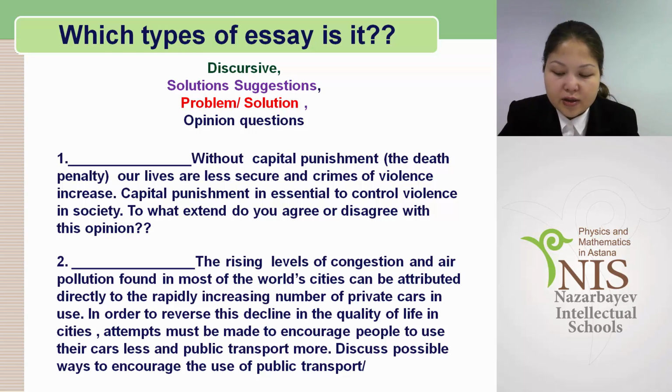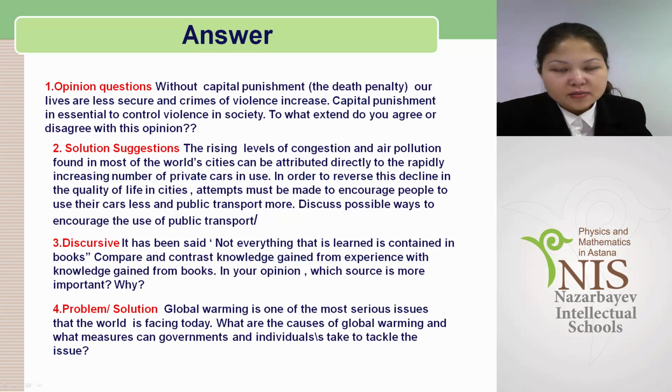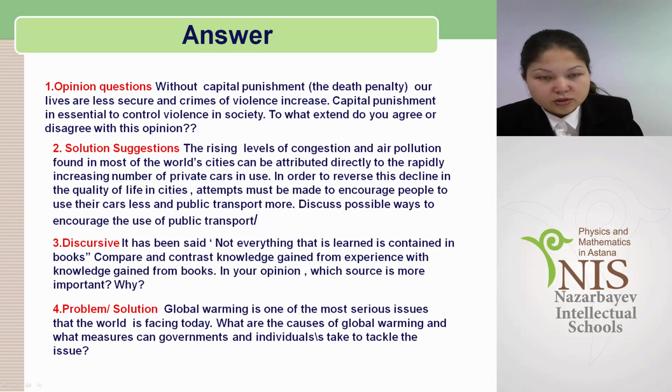Please look at it very attentively. Which of the first declined, whereas two others were increasing. Please write in the gaps. So the first one was opinion questions. The second one was solution suggestions. The third, discursive, and the fourth was problem and solution.